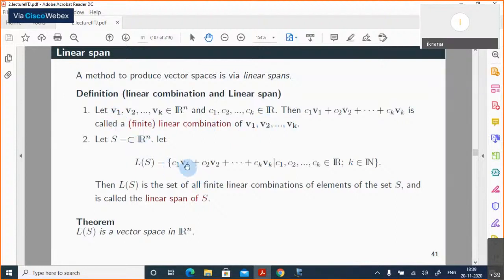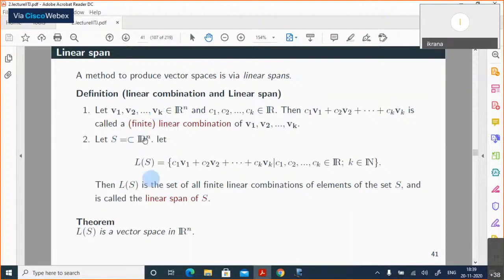It is the set of the vectors v1, v2. That is the set we are taking. Pick up a finite number of elements. Actually, S could be any set. It need not be this particular finite number of elements. What you can do is take any subset S.